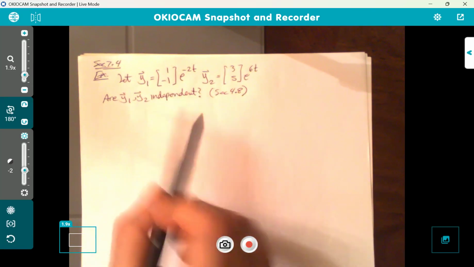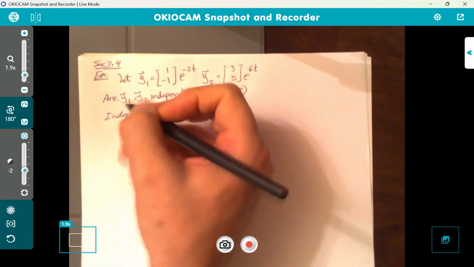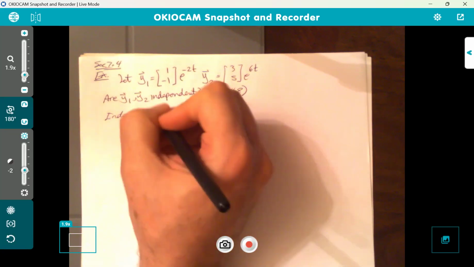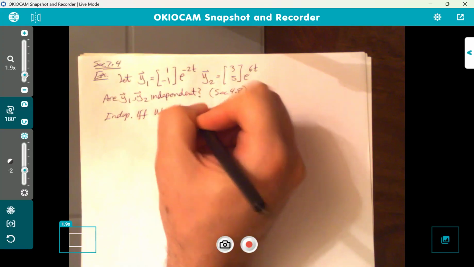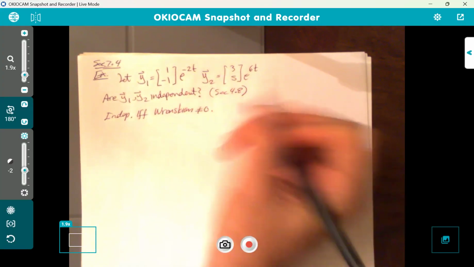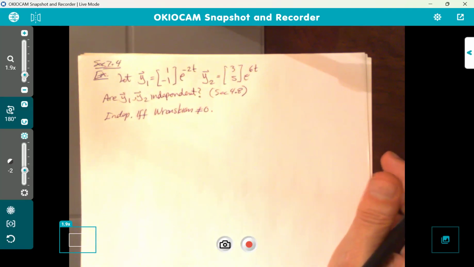The solutions are independent if and only if the Wronskian is not zero. And the Wronskian itself is the determinant of a matrix.